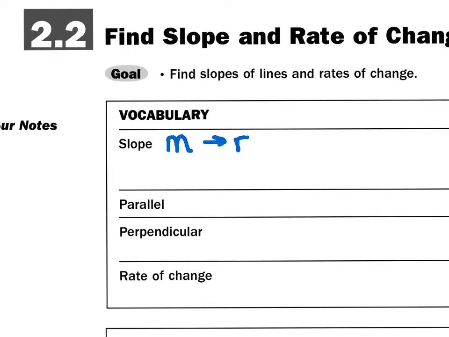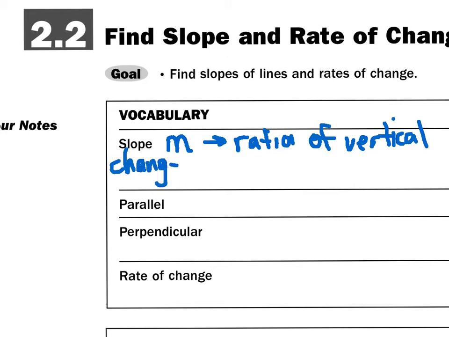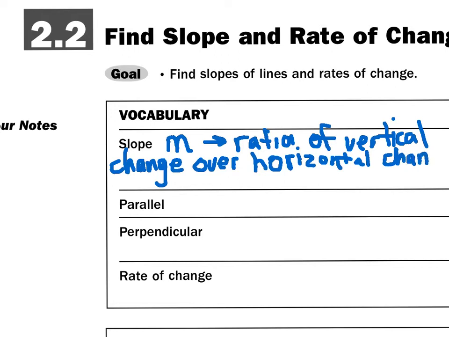That's the ratio of vertical change over horizontal change. Easier way to say that is it's rise over run.